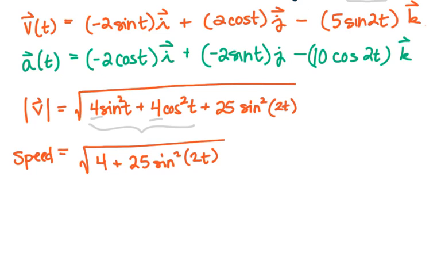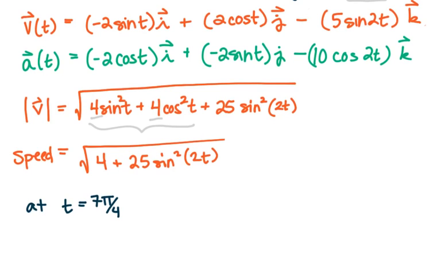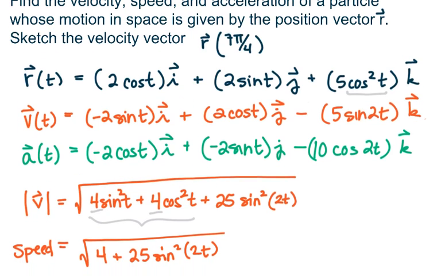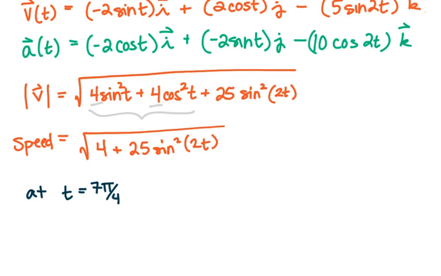And so at time t equals 7 pi over 4, which we stated in the beginning. So we're asked to sketch the velocity vector and find these vectors at 7 pi over 4.